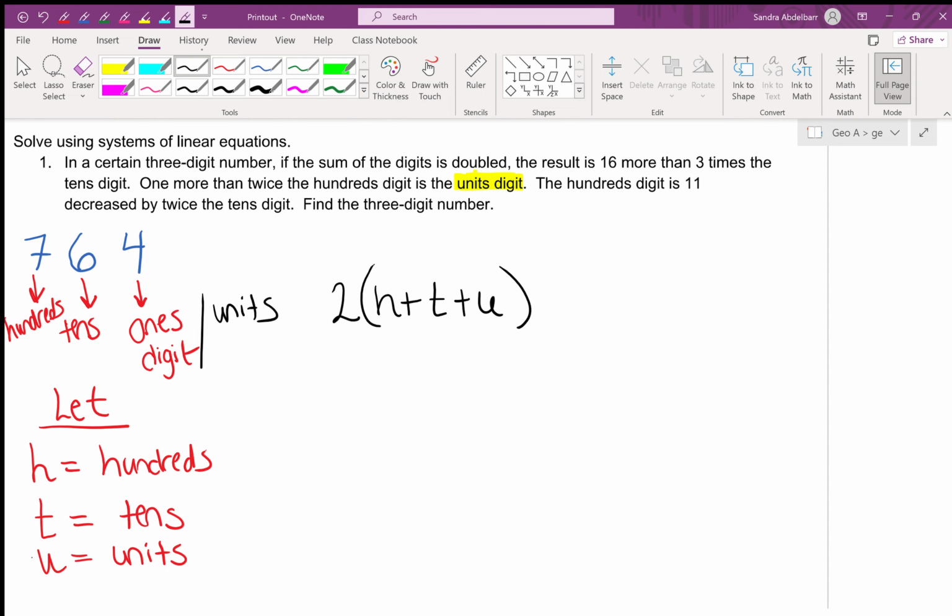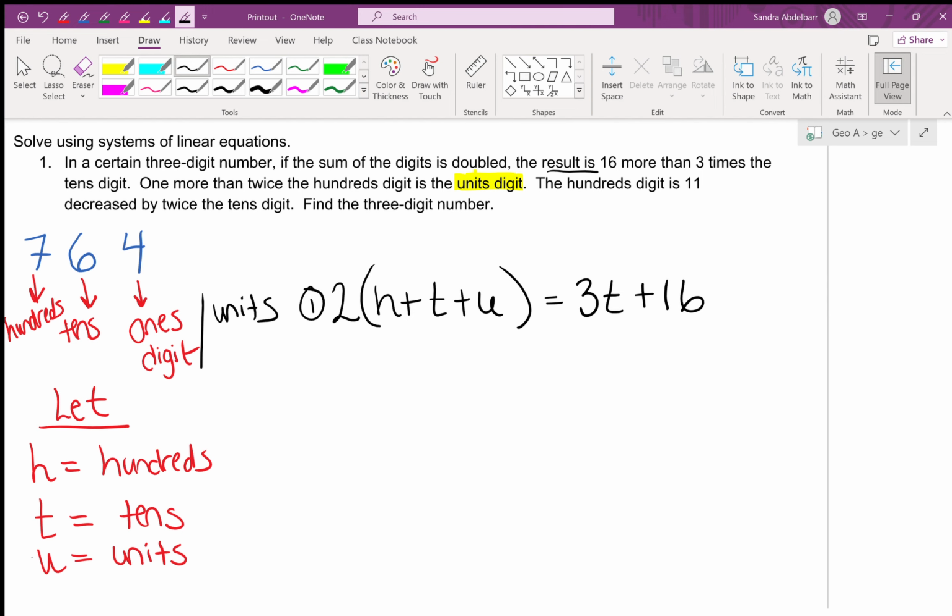The result is, that means, equals 16 more than 3 times the tens digit. Can someone translate that for me? 16 more than 3 times the tens digit. Dylan. 16 plus 3t. Good. I'm going to just write 3t plus 16, but it's the same thing because addition's commutative. That's my first equation.